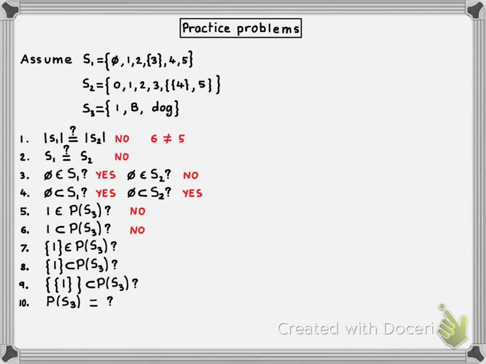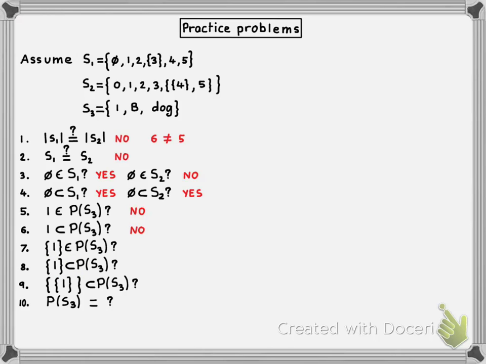Now let's consider problem number 7. Is the singleton set 1 a member of the power set of S3? So now it's a little bit more interesting because the answer could be yes, since the left-hand side of the set membership relationship is indeed a set. But is this set indeed an element of P of S3?